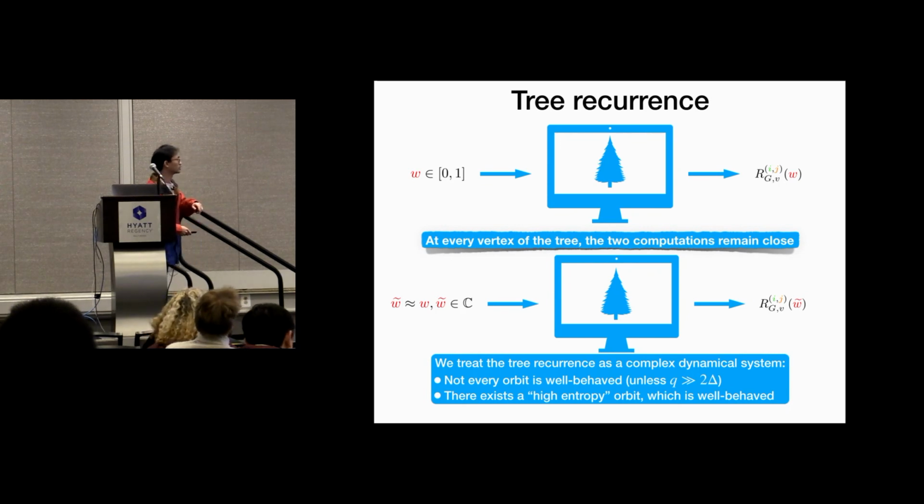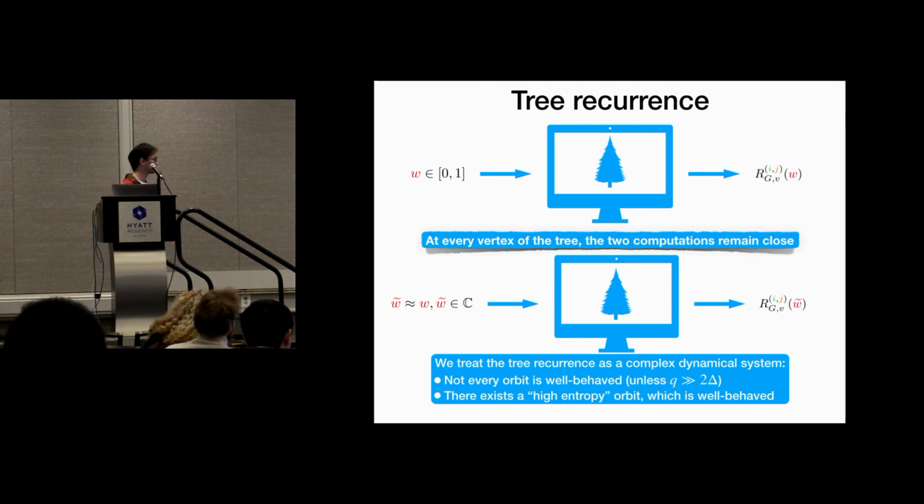Basically we use a tree recurrence to study the ratios, and we look at this tree recurrence as a complex dynamical system. It's well known that there are not so well-behaved orbits, which can actually diverge because they can depend on the graph, and in general they can be very sensitive to the input.